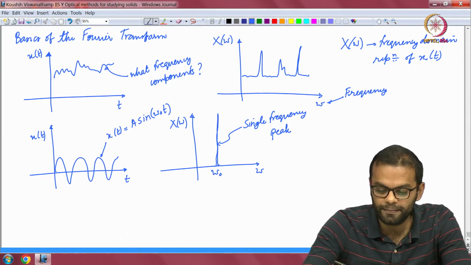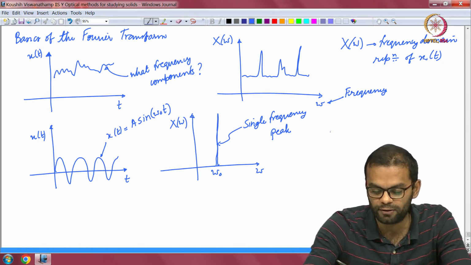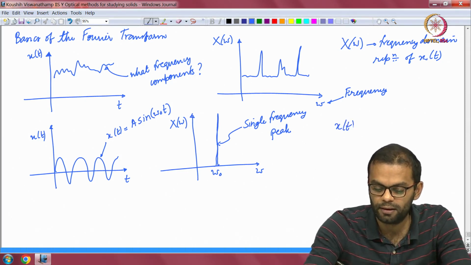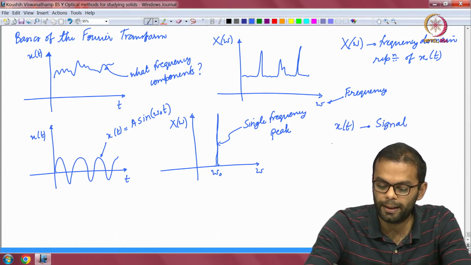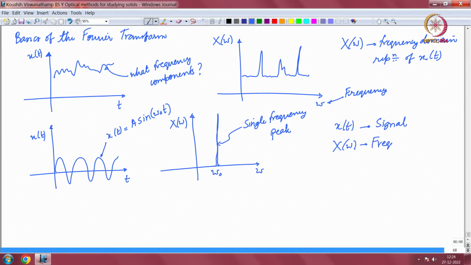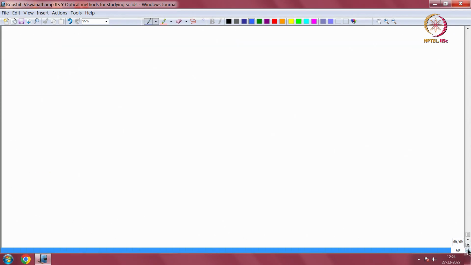Now before we go there, let us look at the definition of a Fourier transform. So if you have x of t as your signal and X of omega as the frequency or Fourier representation, then you can get capital X from small x by doing a transform, and the transform is defined like this.